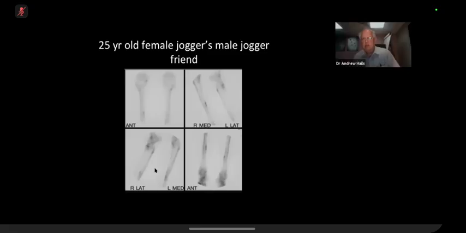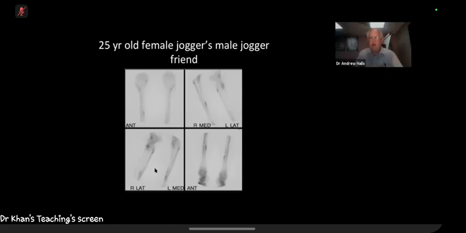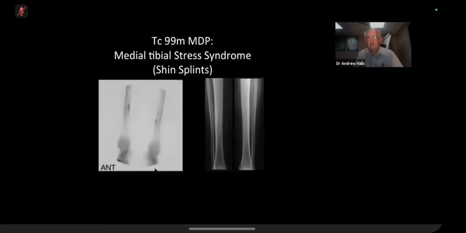Yes. Yeah, and less so inferiorly on the left as well. I wonder whether these represent shin splints. Okay, and that's correct. So again, it's more obvious on the bone scan than it would be on the plain film, where you might get a bit of periosteal reaction.